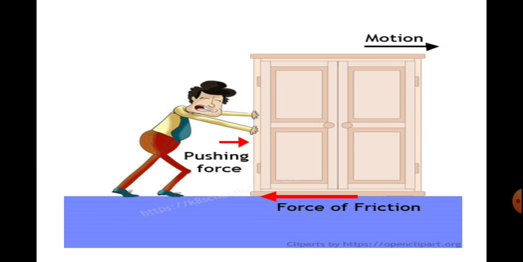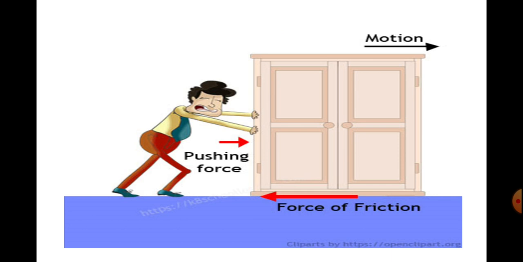In other words, some force is acting at the bottom of the stationary box which opposes its motion, due to which the box does not move. This natural force between the floor and the bottom of the box which opposes the motion of the box on the floor is called friction.